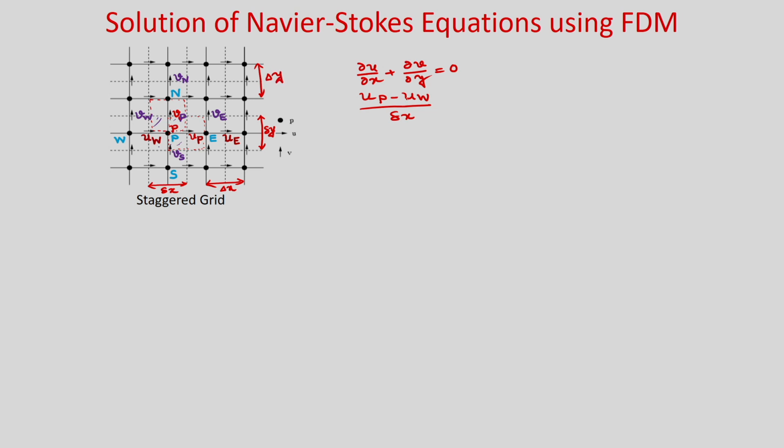Okay. So, now (u_p − u_w)/Δx + ∂v/∂y, that means (v_p − v_s)/Δy is equal to 0.